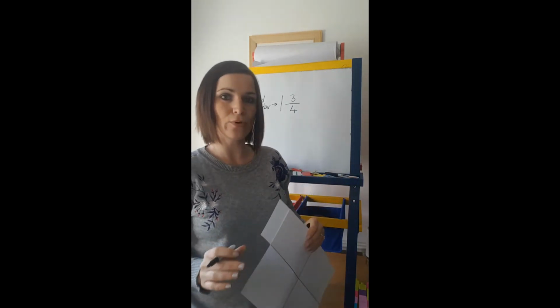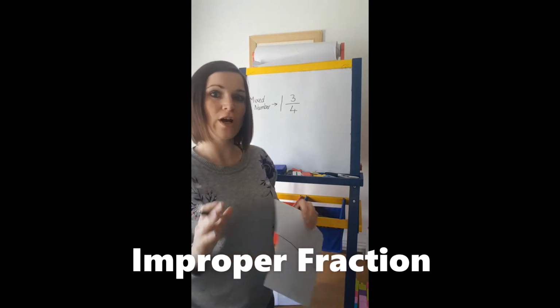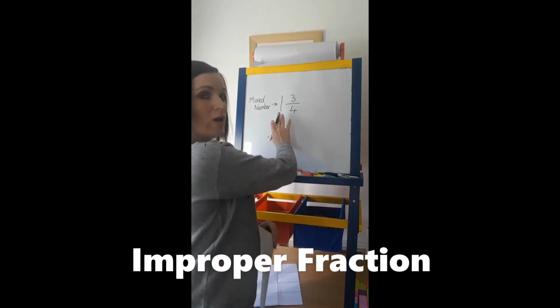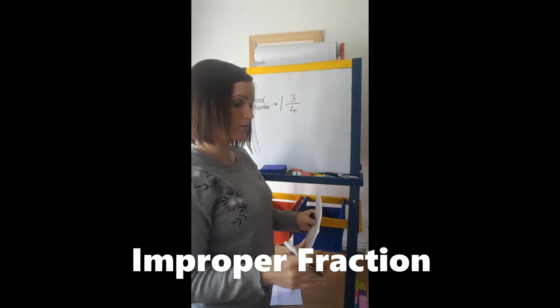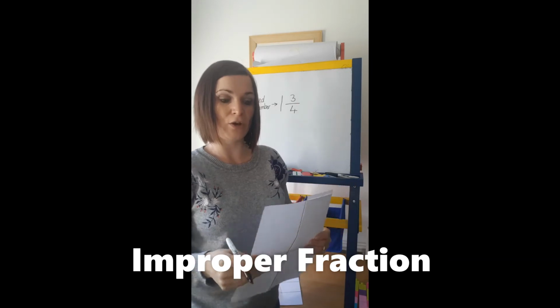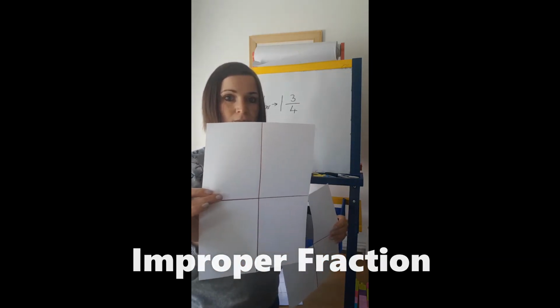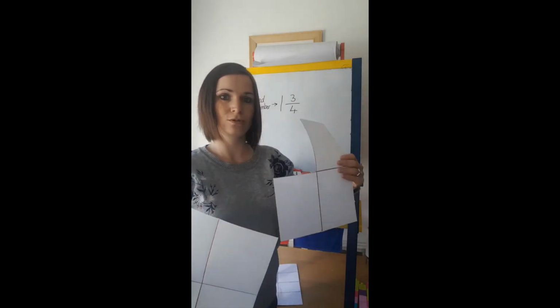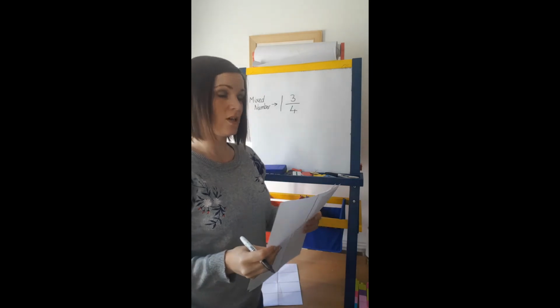As an improper fraction, it's written just as a fraction. There's nothing mixed about it. You're not going to have a whole number part and fraction part. You're just going to have a fraction part. And with this, you just say how many quarters there are altogether. So with the whole sheet of paper, you can see there's 4 quarters. And with what we cut off here, there are 3. 4 and 3, there's 7.